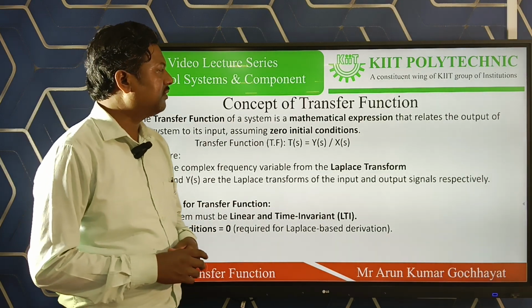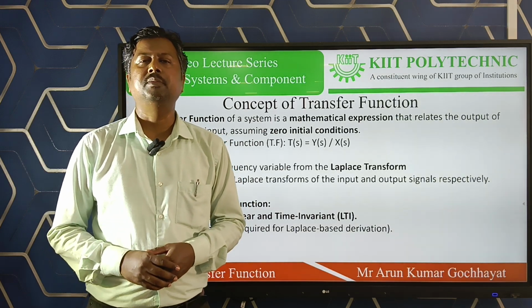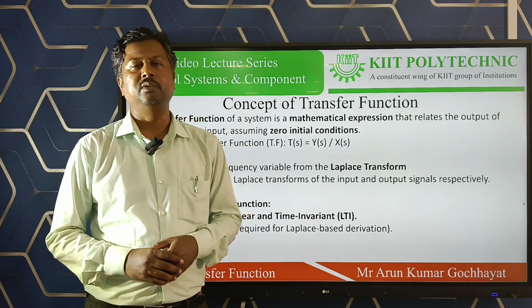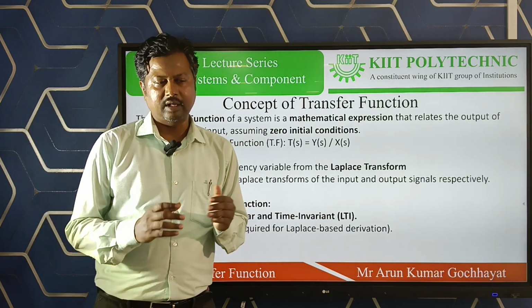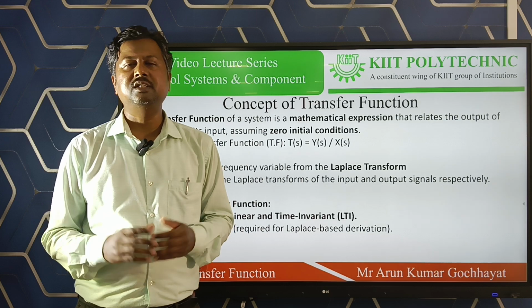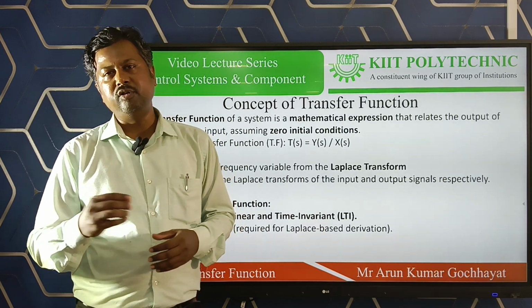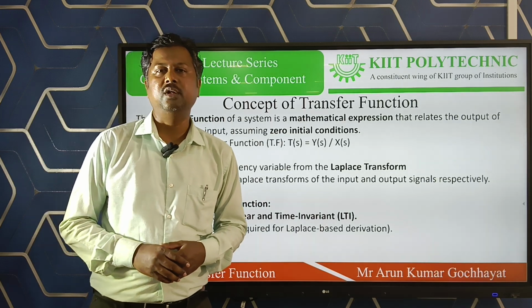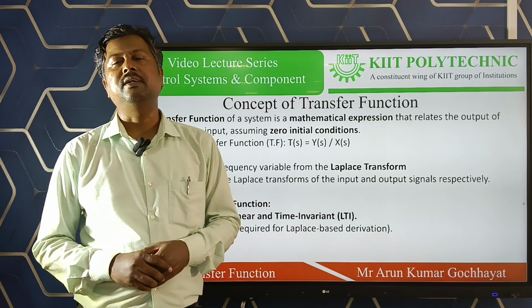Now, transfer function, by its definition, is the ratio of the Laplace transform of output to the Laplace transform of input, keeping the initial conditions zero. Having the system variables initially at zero condition, if we are able to get the ratio of output to input in the frequency domain, that will give us the transfer function.